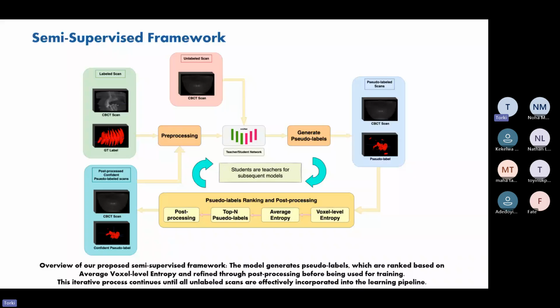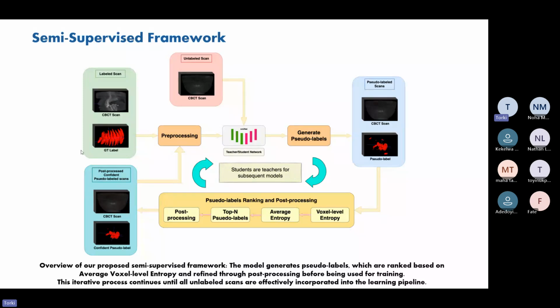The goal for this task was to generate the full tooth segmentation, not pulp, just the tooth. So the problem was the very small number of labeled volumes, and for the solution, we did this in iterations, in loops.